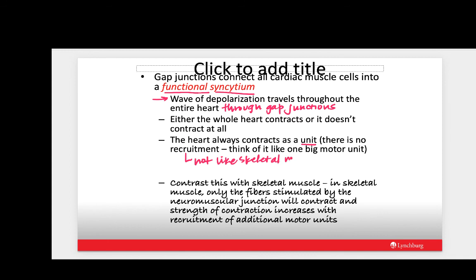If you remember, in skeletal muscle we had recruitment. Think of picking up a pencil versus picking up a desk. We were able to recruit based on the demand. The heart isn't like that. It always contracts as a unit. It either contracts or it doesn't.